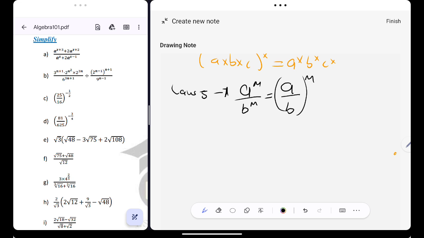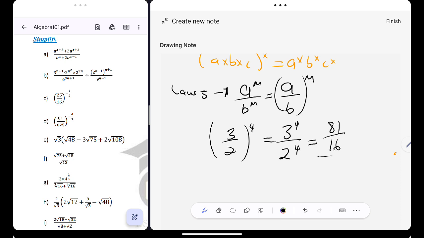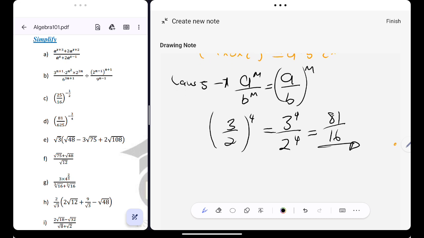For example, if we have 3 over 2 all to the power 4, I can write it as 3 to the power 4 divided by 2 to the power 4, which is 81 over 16. Are we together? This is 81 over 16.